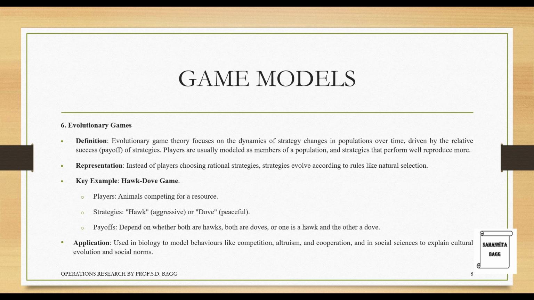The hawk dove game is a game theory model that describes a conflict between two strategies, hawk and dove, that compete for a shared resource. So that is what is already mentioned over here. The hawk is going to represent a selfish fighting strategy. The dove will represent a cooperative sharing strategy. So in this model, what happens is some individuals benefit from selfishness at the expense of others.